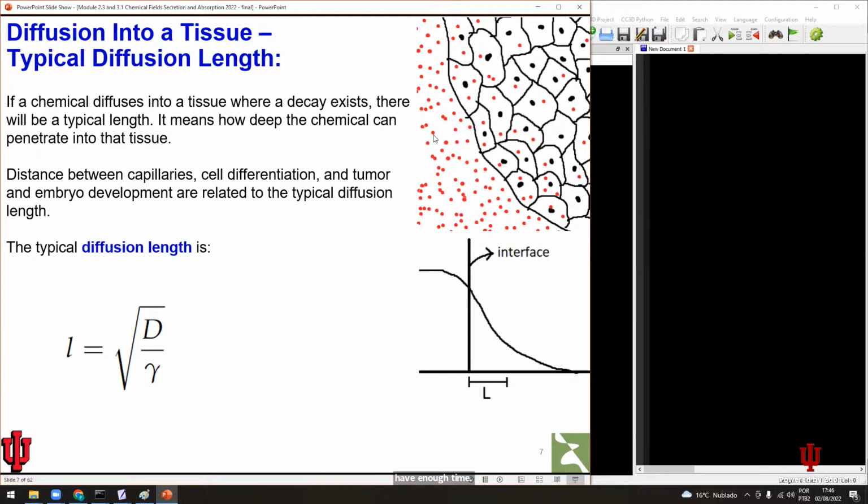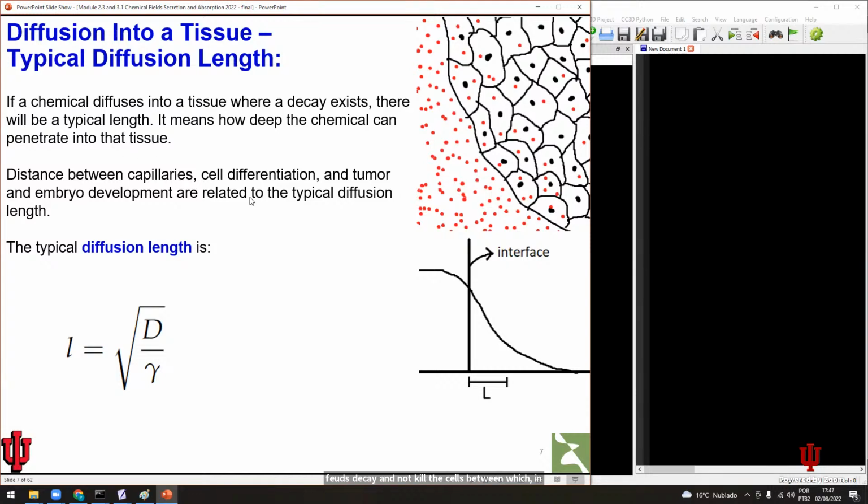So this effect also dictates, for example, the distance between capillaries, because you have, for example, a capillary here, and the field between the capillaries will decay, but it cannot reach a minimum below what the cells need to survive. So you need to set capillaries close enough so the fields decay but do not kill the cells between capillaries.